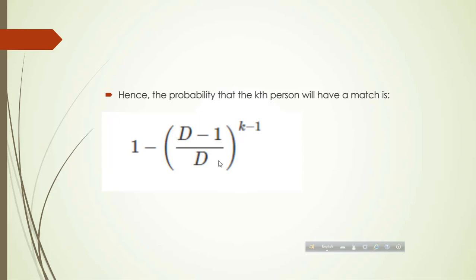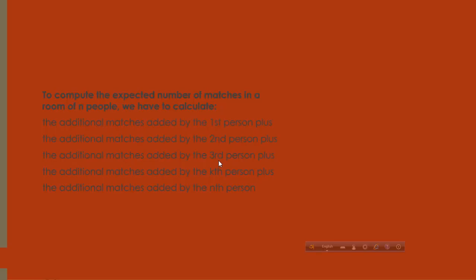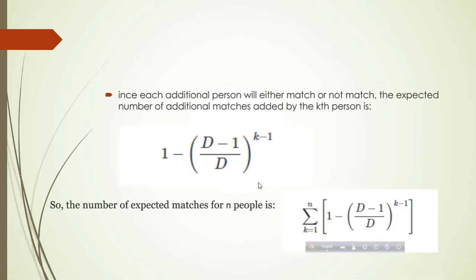To compute the expected number of matches in a room of people, we calculate the additional matches added by the first person, plus the additional matches added by the second person, plus the third person, up to the kth person and the nth person. Since each additional person will either match or not match, the expected number of additional matches added by the kth person is 1 minus ((d minus 1) over d) to the power k minus 1.